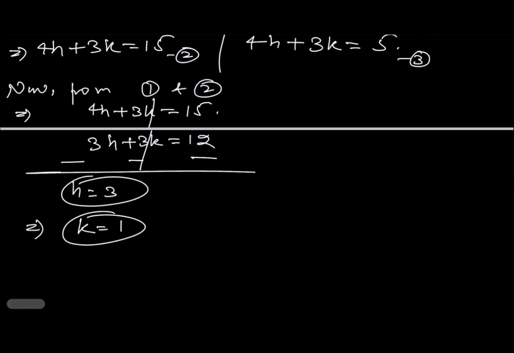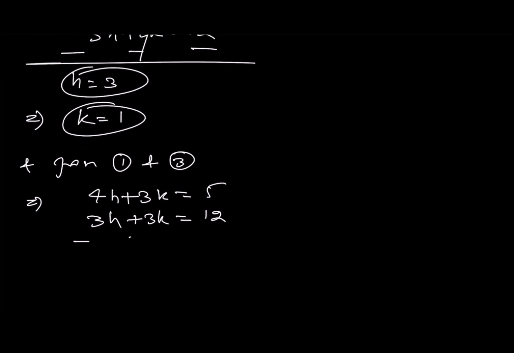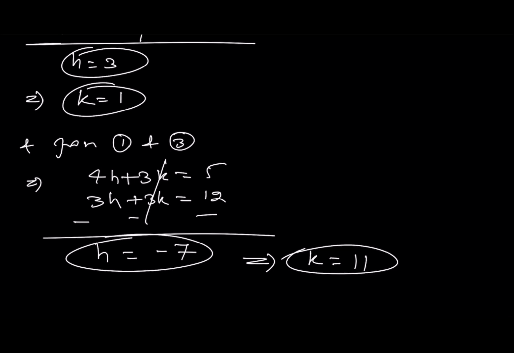And from 1 and 3, 4h plus 3k is equal to 5, and 3h plus 3k is equal to 12. So minus, minus, minus, h is equal to minus 7. If h is minus 7, k is equal to 11, right?